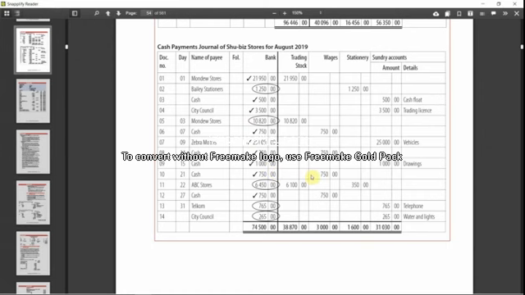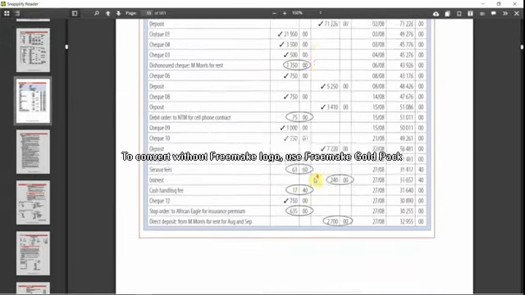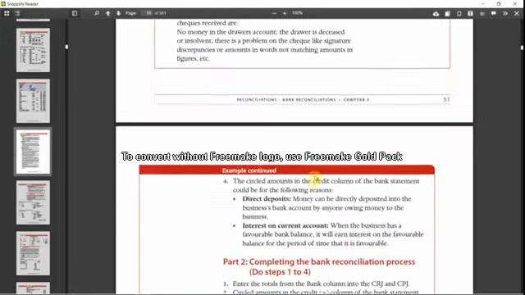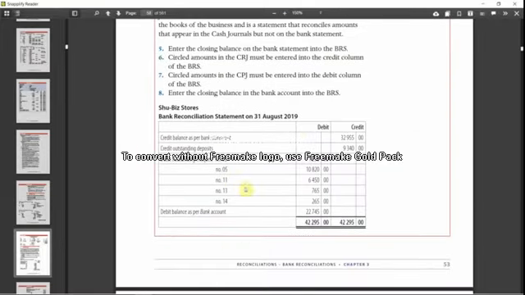They will only be aware when those individuals or entities present those checks. So for now we need to debit the bank reconciliation statement with all these outstanding checks, and you can see it's that whole bunch: 2, 5, 11, 13 and 14.